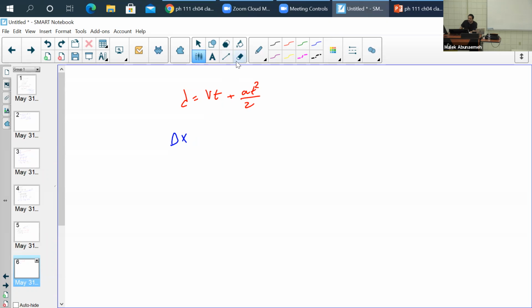Let me write this down. For horizontal motion, which is in the x direction, our displacement delta x is going to equal v naught x multiplied by t plus a t squared over 2.